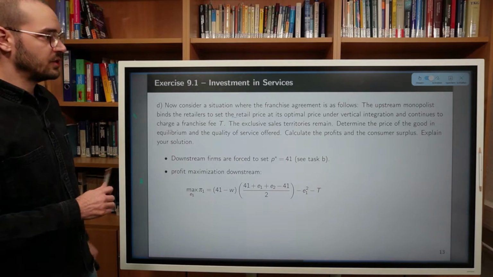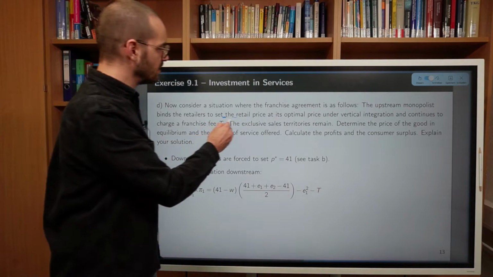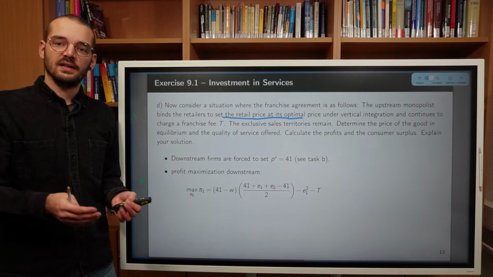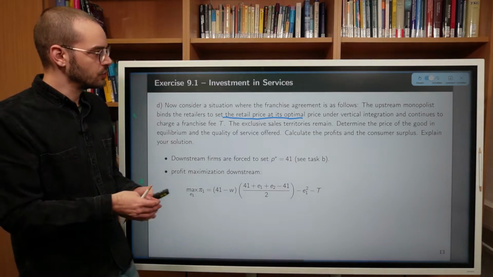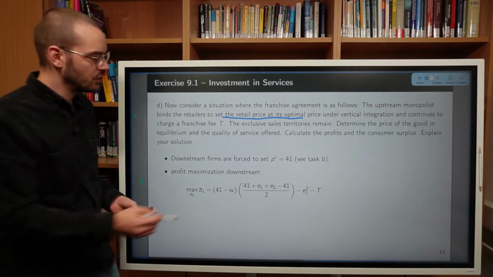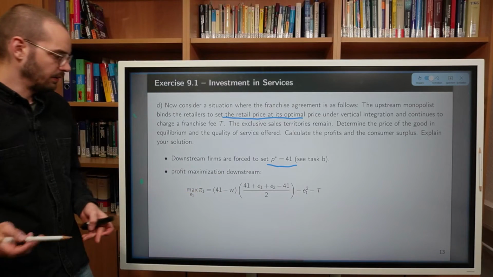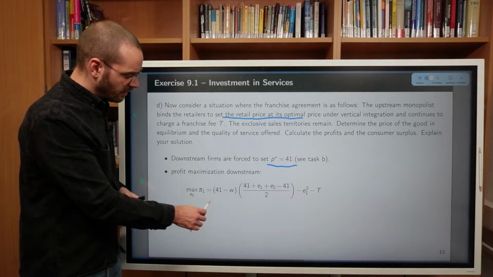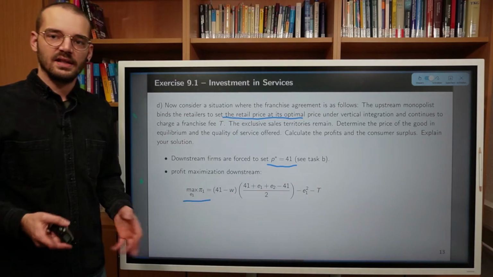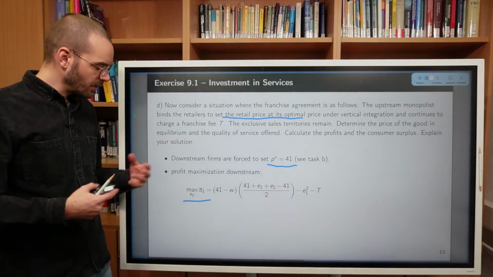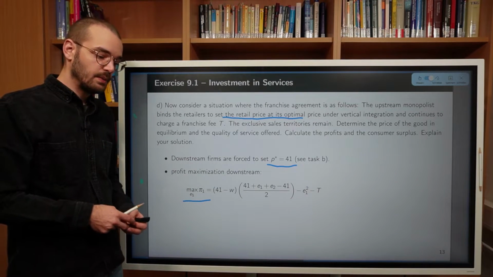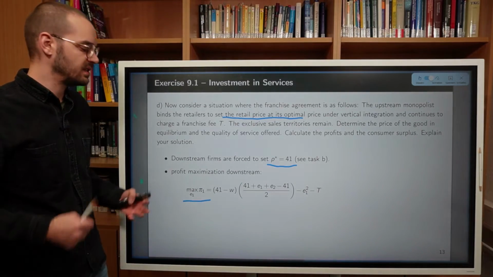Now, in this situation, of course, there is no price to be set because by assumption, retailers are bound to set this price that we saw under vertical integration, which was 41, right? So the downstream profit maximization problem then simplifies and reduces to a profit maximization according to the choice of the amount of services provided, because the price is fixed.